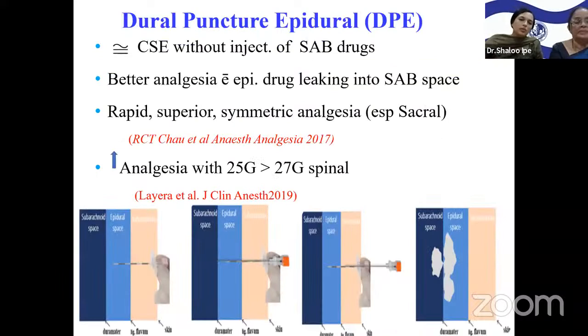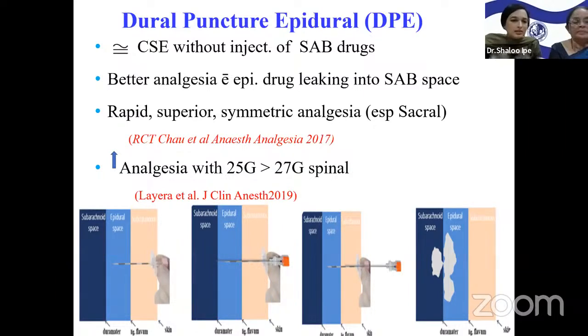Dural puncture epidural has been in vogue for the past couple of years, and it is nothing other than a CSE without injection of subarachnoid drugs. As you can see in the picture, like in a CSE, when the spinal needle encounters CSF, the needle is withdrawn without depositing any drug in the subarachnoid space.